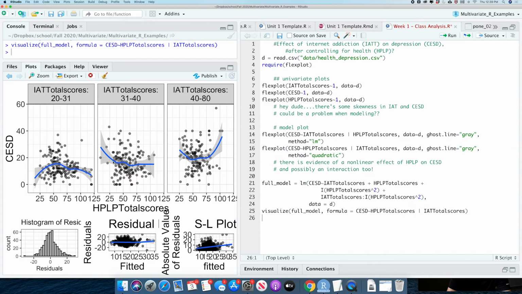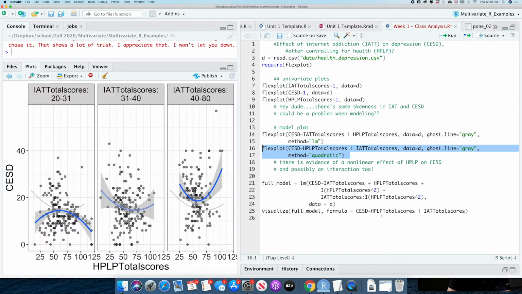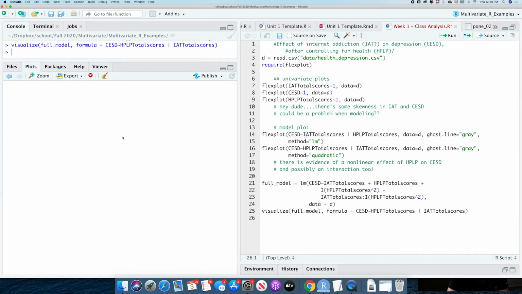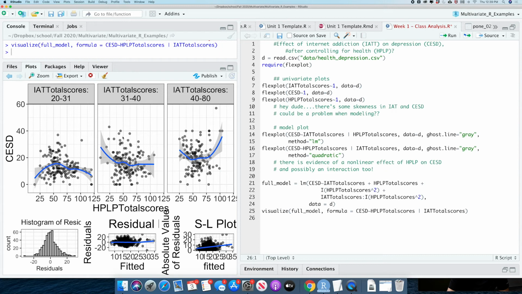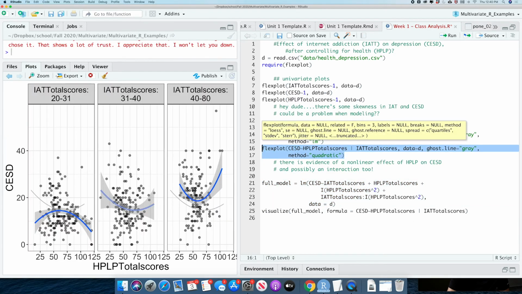And not surprisingly, we get a plot that looks almost identical to this one. Now, one problem with what FlexPlot is doing, and I didn't notice that until today, and I'm going to fix it as soon as I'm done producing this video. What Visualize really should do is show the exact fit of this model, but instead it's showing lowess lines. And so I just need to fix that. But if I were to do that, it would look nearly identical to this.